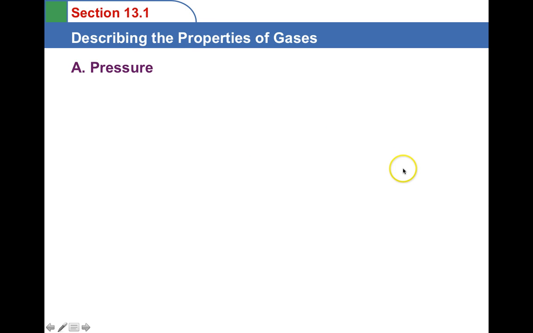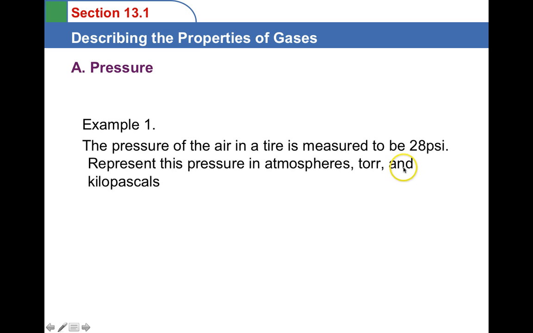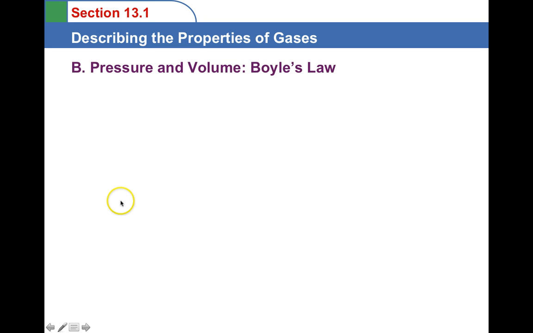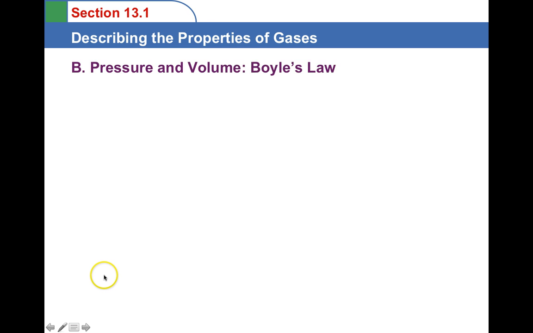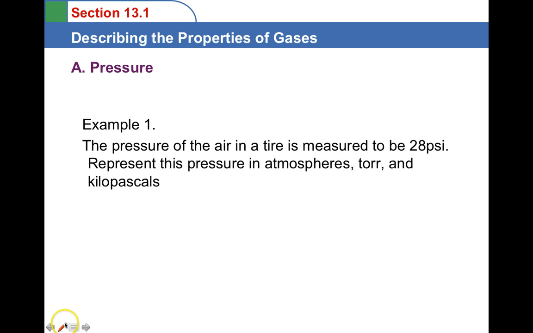Here is the practice problem. Example 1: the pressure of the air in a tire is measured to be 28 psi. Represent this pressure in atmospheres, torr, and kilopascals. Going back to here, need the pen.